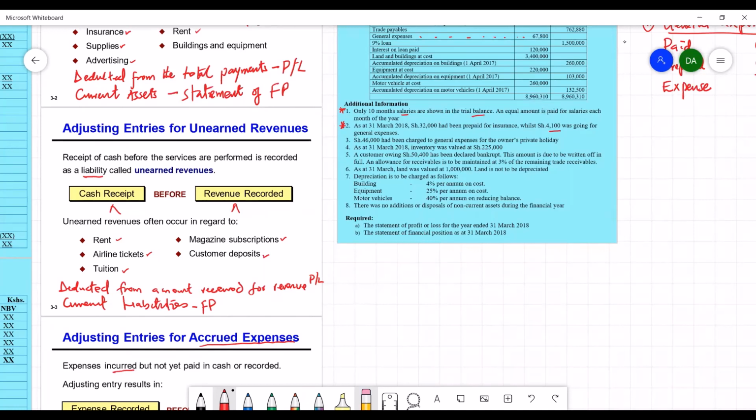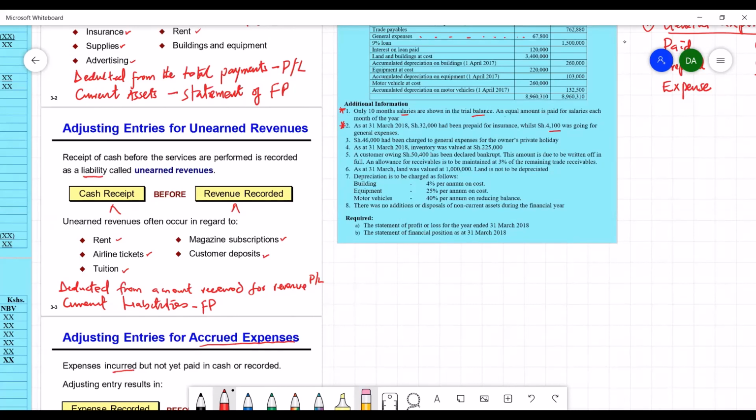That means out of the 12 months in 1 year, only 10 months have been shown here, meaning 2 months have not been shown here. So maybe they have not been shown because they have not been paid. We can assume those are accruals. So let us see how we're going to deal with it.